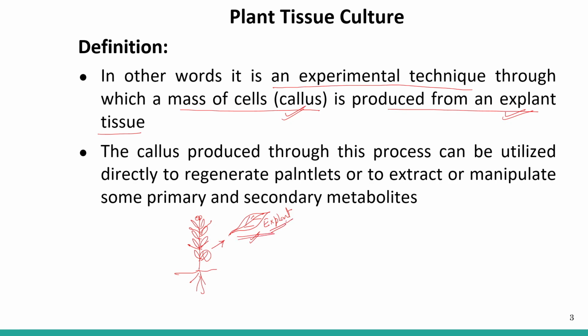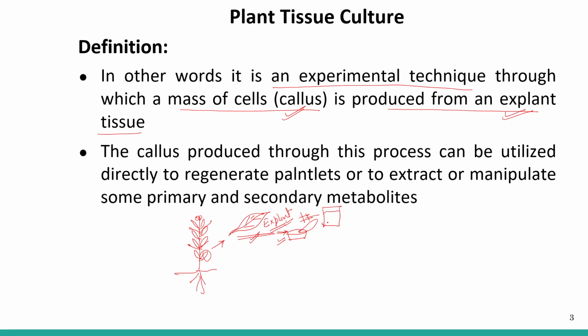Here we have taken out the leaf, and we cut the leaves in small pieces. We can also take out the extract in a beaker with the help of mortar and pestle. We will study that in another session, how to take out the cell or the extract of the explant.